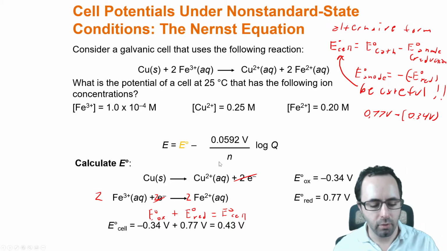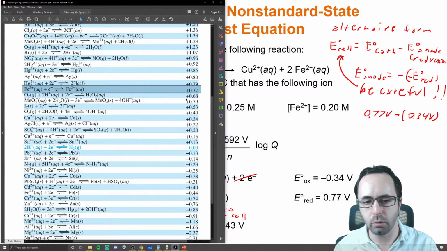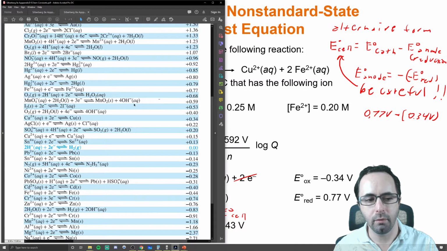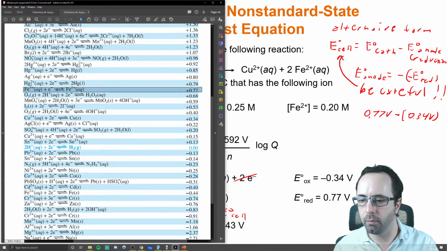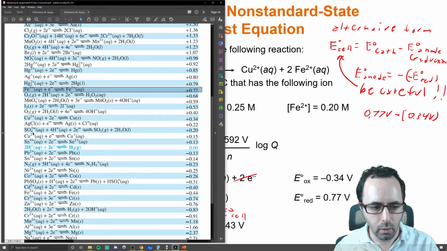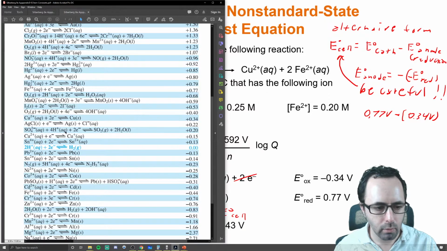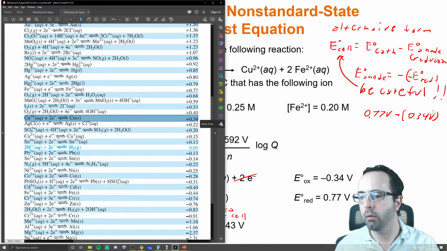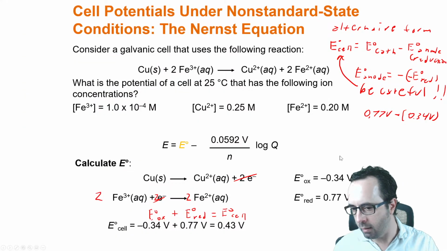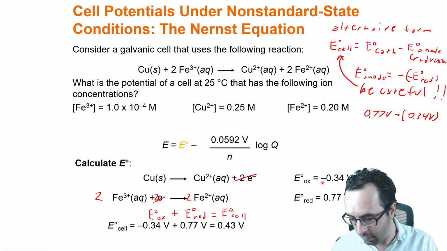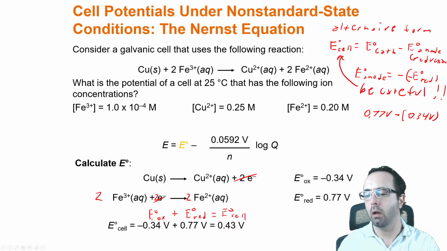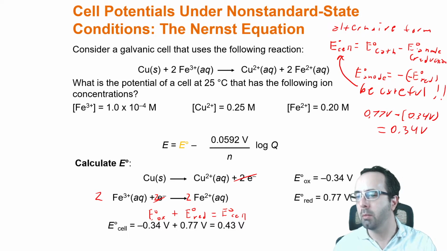That's just taking the numbers directly from the chart. 0.77 for the cathode, and 0.34 for the anode. This negative changes the sign, but notice I already changed the sign to make it an oxidation potential. So when I add them, I get 0.43 volts.